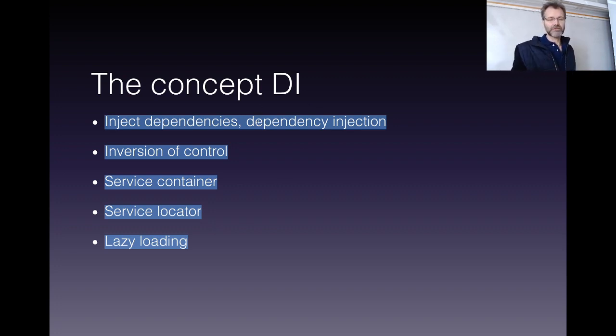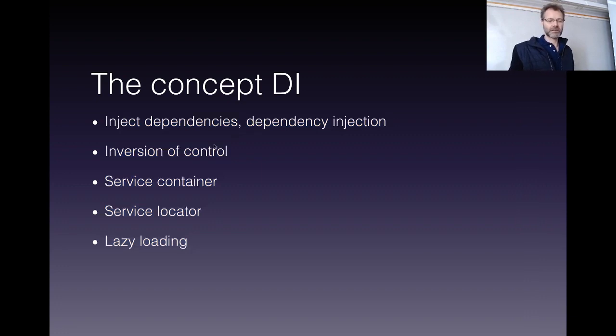So we are trying to inject dependency. We have an inversion of control. There is a service container or a service locator. Could be lazy loading. This is all about a framework containing a lot of services, and we need to access these services when we are working in the framework.